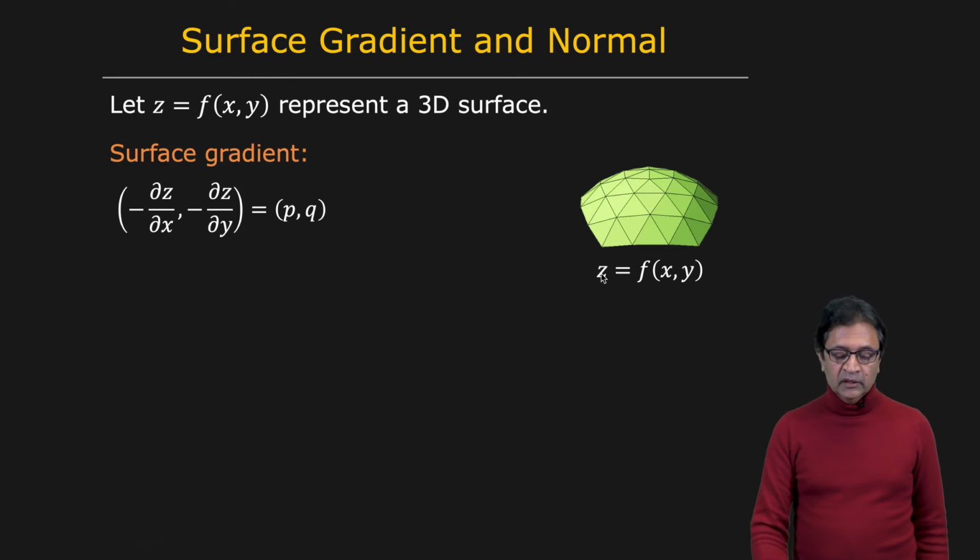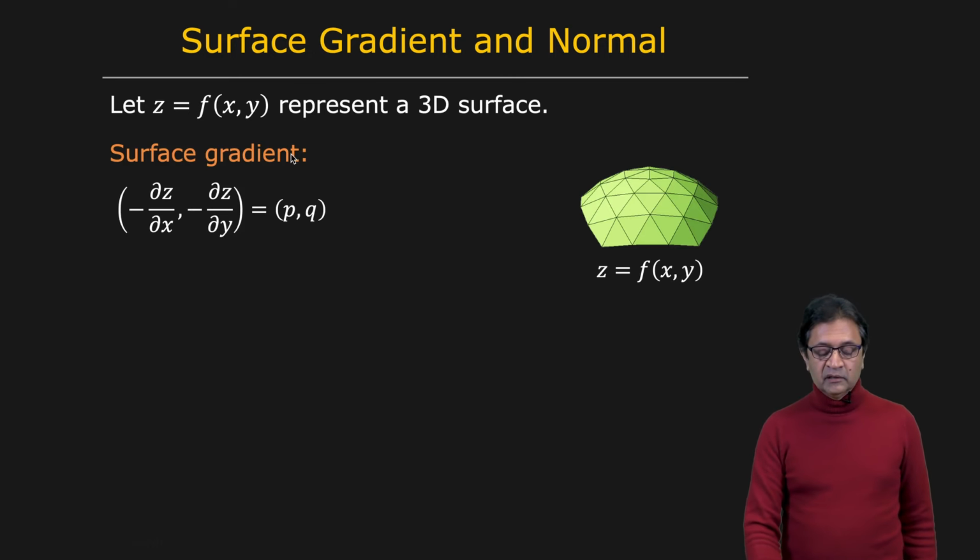And so we know that the surface gradient is defined as the derivative of z with respect to x. We take the negative of that and we call that p. We take the derivative of z with respect to y, and the negative of that, we call that q. So p, q is called the gradient of the surface in our notation.